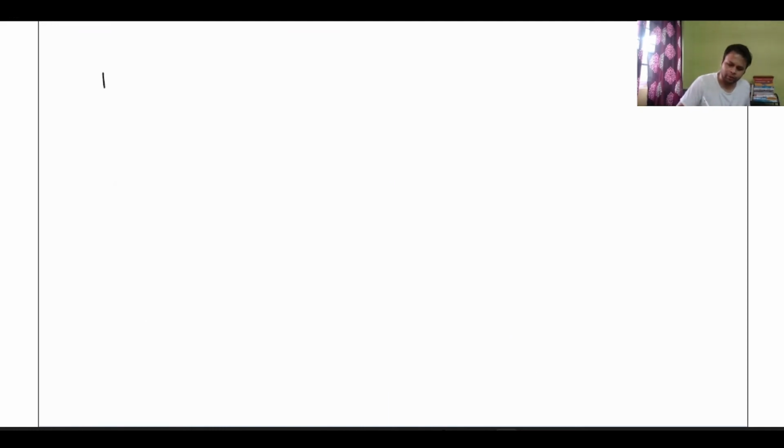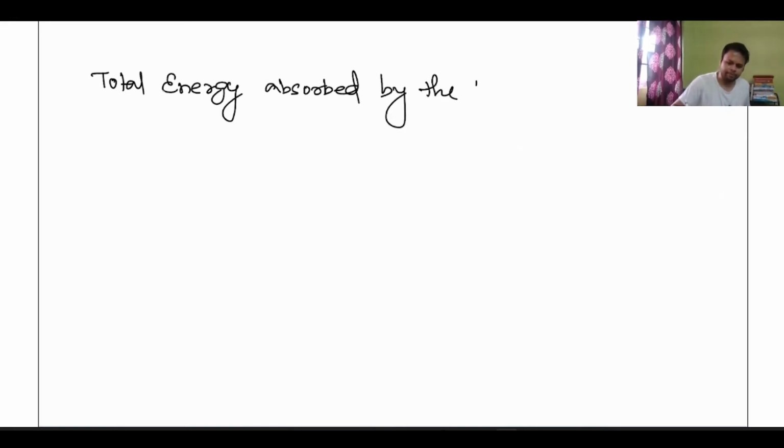Therefore, the total energy absorbed by the block is equal to 9.81, this is the kinetic energy gain because of the decrease in potential energy, plus the initial kinetic energy of the block, which was 4 kilojoule, plus the initial kinetic energy of the drum, which was 0.3.